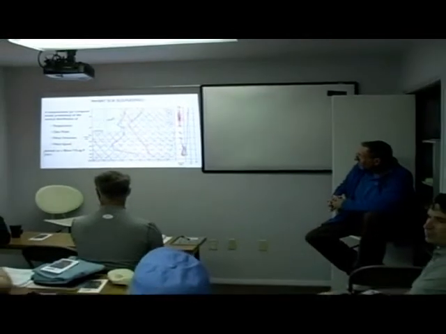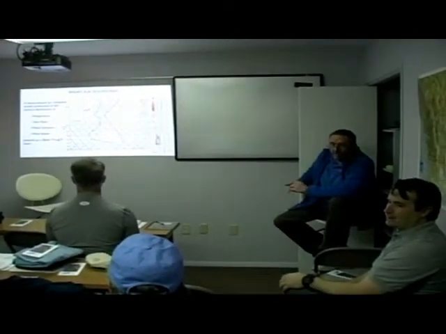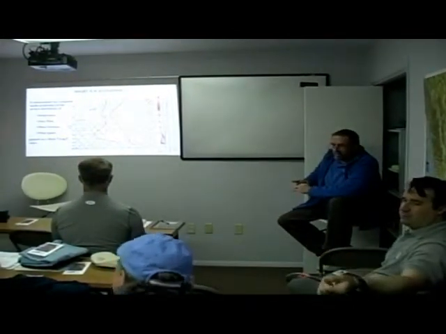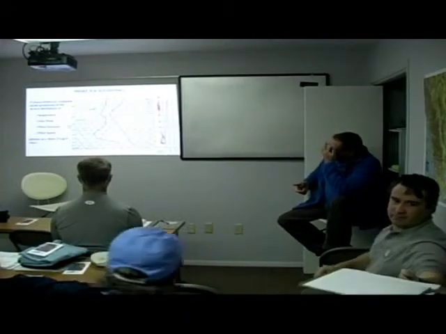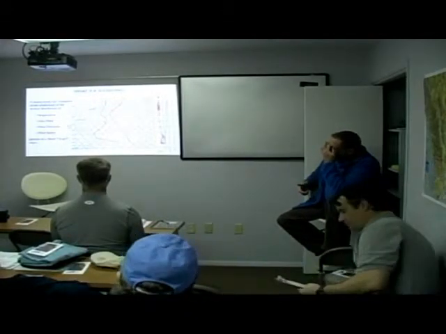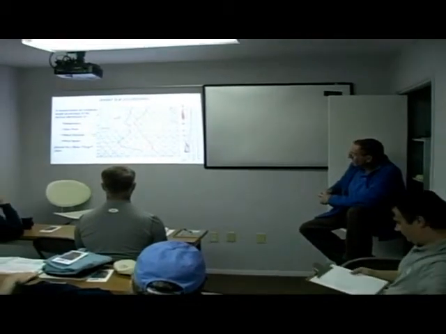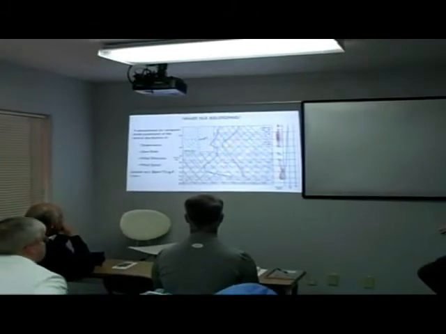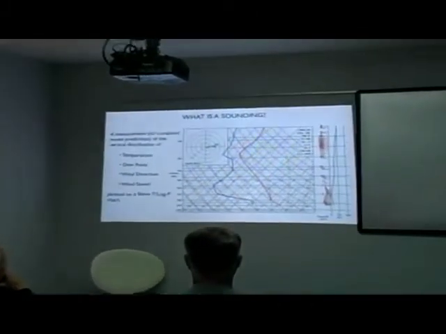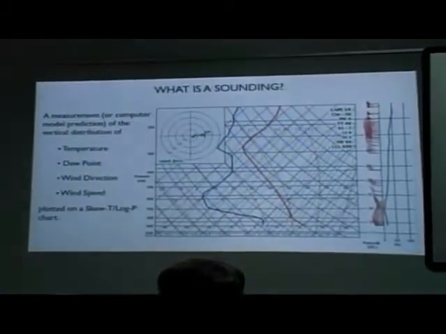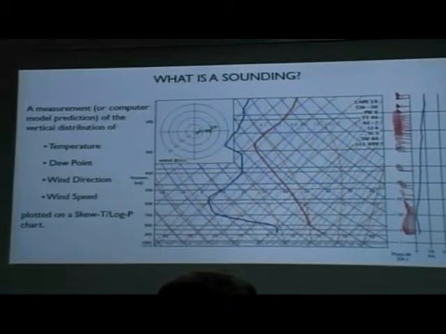It is just information about the temperature, the dew point, the wind direction, and the wind speed. It's plotted on this really complicated, confusing diagram. What gives most people problems is understanding what all those lines are. So I'm going to break it down step by step, and hopefully we'll start making some sense.